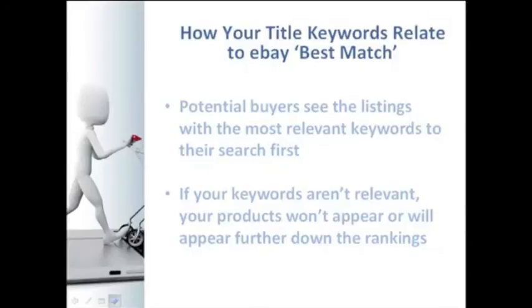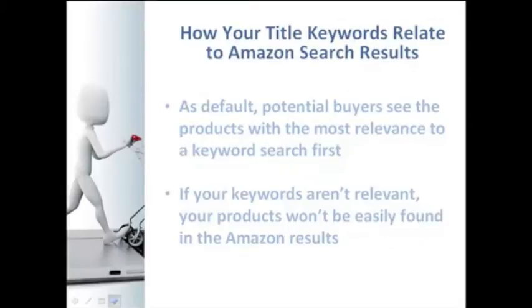So what this means is that if your keywords aren't relevant at all, then your products won't appear, or they might appear a lot further down the rankings, and that's no good to you. You need your products to appear when those keywords are banged in by a potential customer. You want your item to pop up right in front of them so that they've got the opportunity to click through, read your description, and ultimately to buy your product.